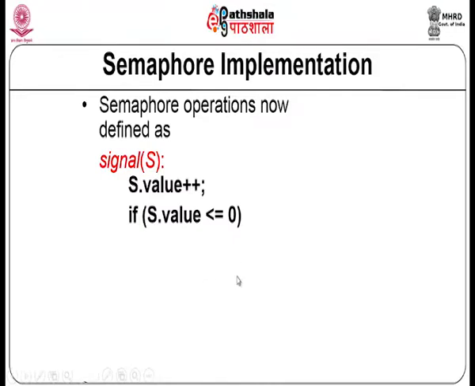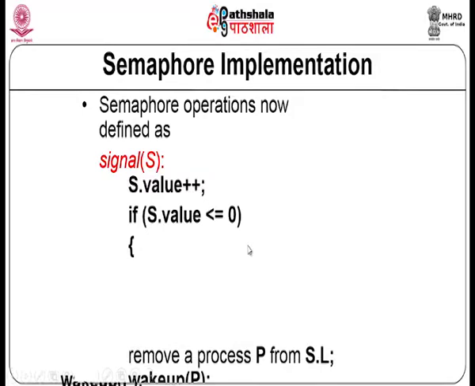It means that we have already increased the value of the semaphore, so one process can use the resource now. You check if there is any process waiting in the queue associated with the semaphore. When will a process be waiting in the queue? Even after incrementing, if the value is still less than or equal to 0, it means that there is already a process waiting in the list.